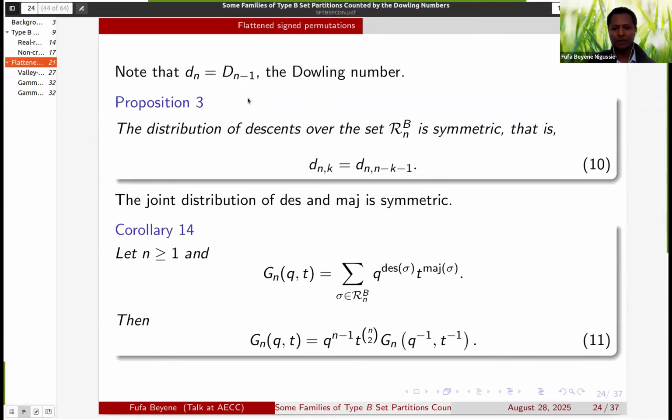That is the only reason, because we like symmetry, and we have a very nice result that the distribution of descent is also gamma positive, and the polynomials are real-rooted. If you have a real-rooted polynomial, it implies log-concavity as well as unimodality of the sequence of coefficients. So that is the reason why we are interested in the distribution of descent and the major index.